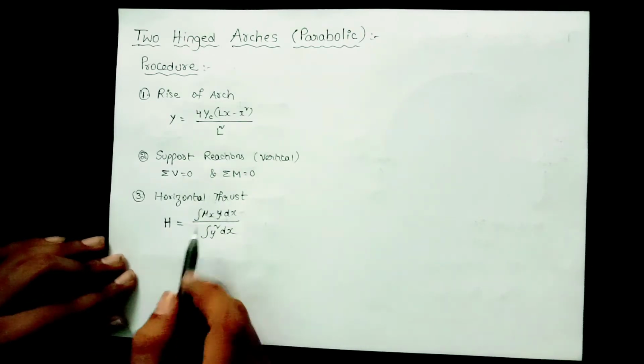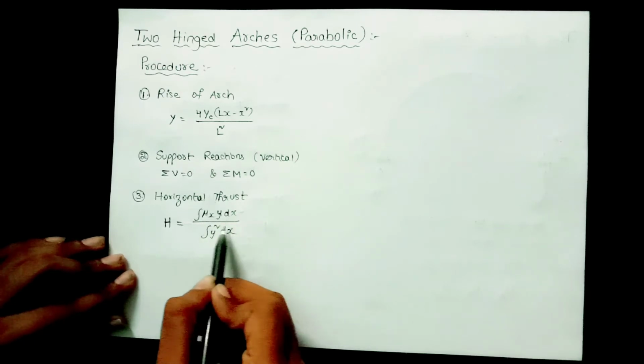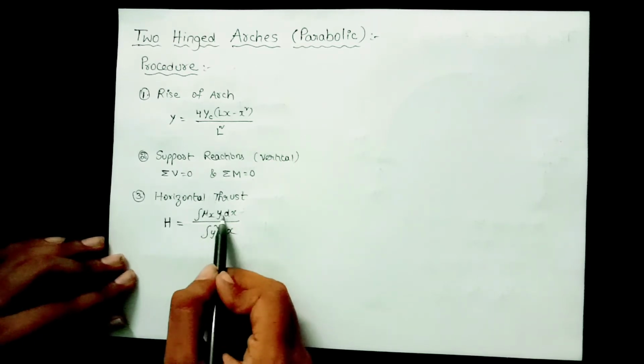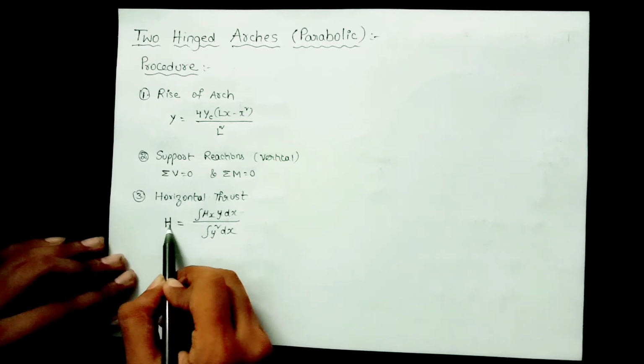Generally we calculate the numerator term separately and the denominator term separately, and divide the numerator by the denominator in order to get the horizontal thrust.